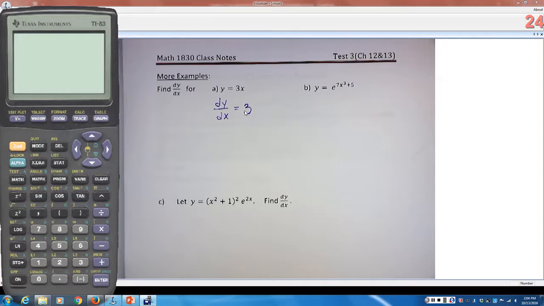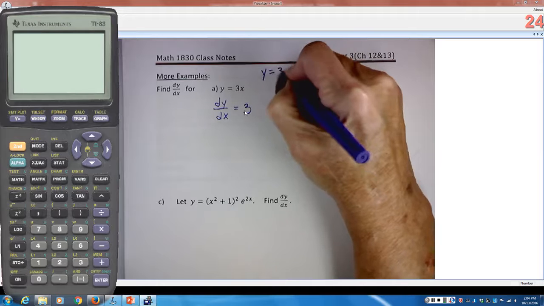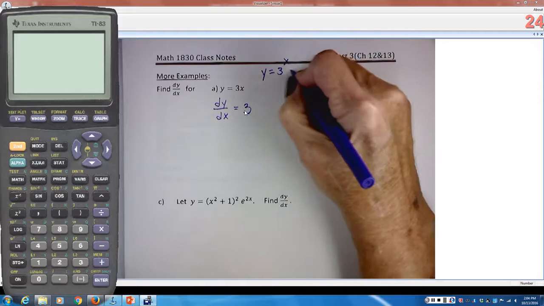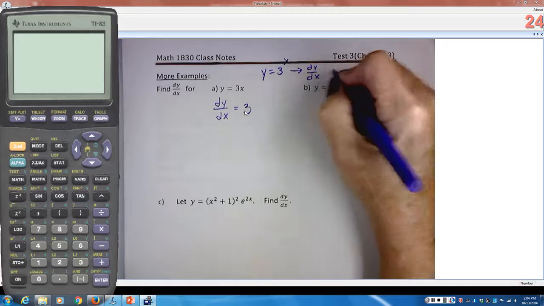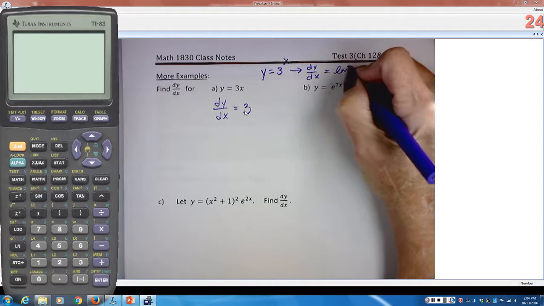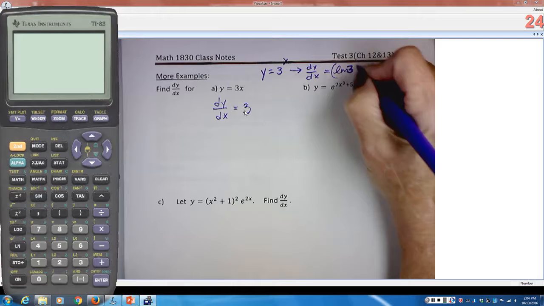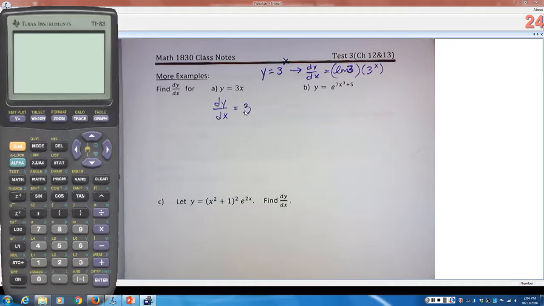Okay? This is not to be confused with y equals 3 to the x. Its derivative is the natural log of 3 times 3 to the x. So make sure that you realize there's a difference between these two functions. That x is not a power. It's just a regular old x.